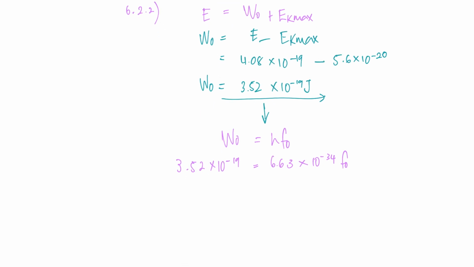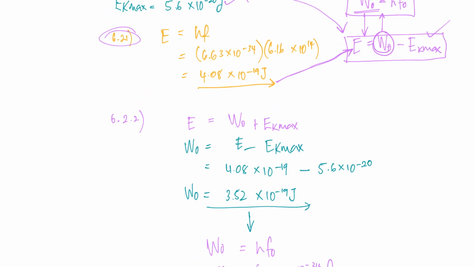Divide both sides by 6.63 times 10 to the power of negative 34. Then I'm going to get f0 is equal to 5.31 times 10 to the power of 14 hertz. And now I've got my threshold frequency. So this becomes important to us now.